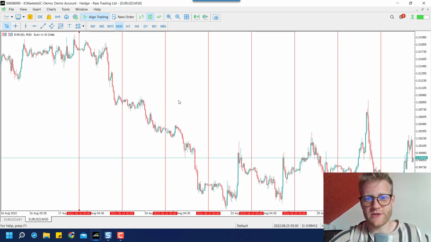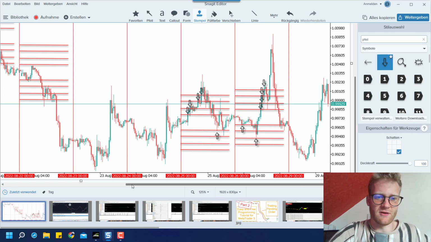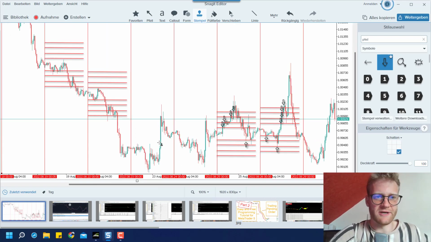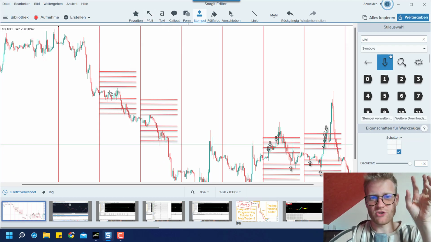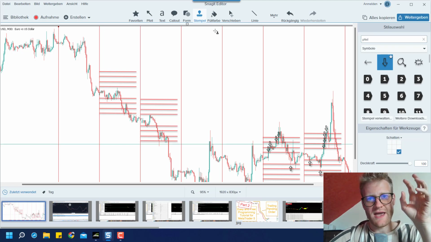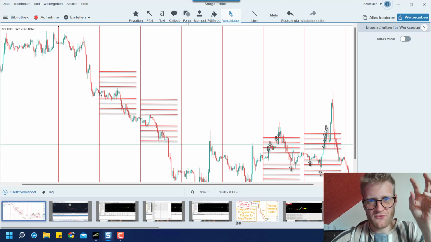So I took a screenshot of this chart and I put it into some program that I can use to edit, and I put some grid lines here. So you can see I tried to find the starting point for every day.